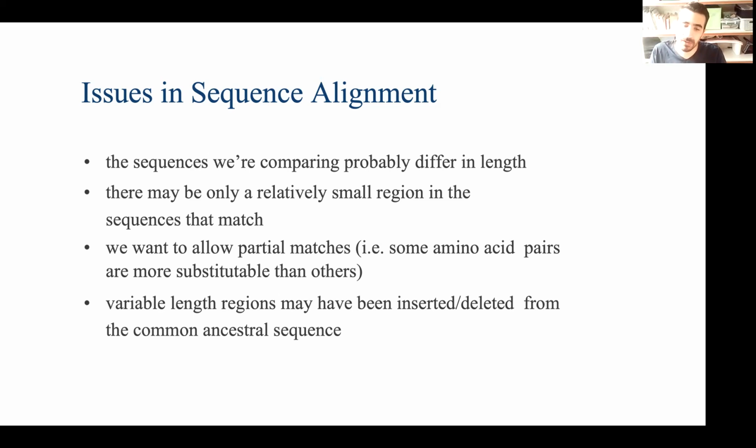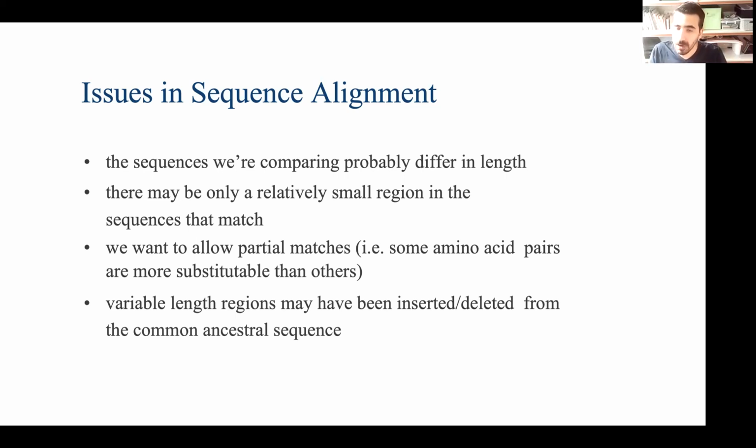Or another issue is maybe only some portion of these two proteins align with each other, but the rest is not homologous. Maybe there is only one region that is homologous, and it happens. So especially if you just align proteins, you will see that some domains are common in some protein sequences, and the rest of the protein has nothing to do with each other, right?